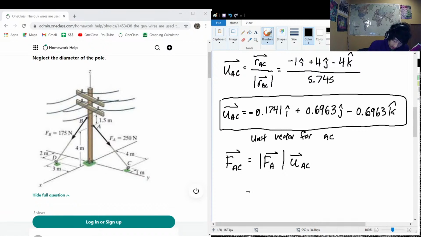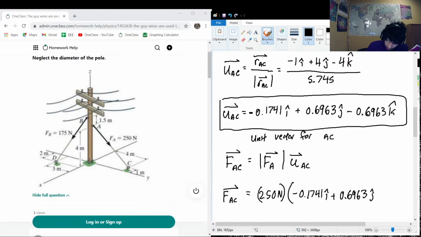Now, in this case, that is going to be 250 Newtons multiplied by negative 0.1741 in the I plus 0.6963 in the J minus 0.6963 in the K.